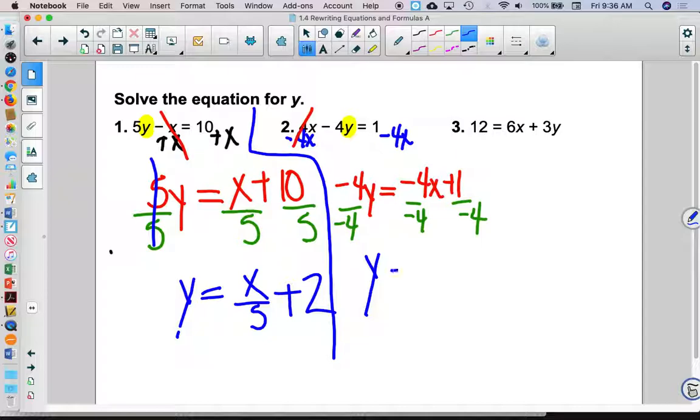Do you agree with that? Negative 4X divided by negative 4, I can simplify there, leaves me with X, 1X, plus negative 1/4. I don't have to turn it into a decimal, everything's fine just like it is, and that is as far as I go. Yes, ma'am?